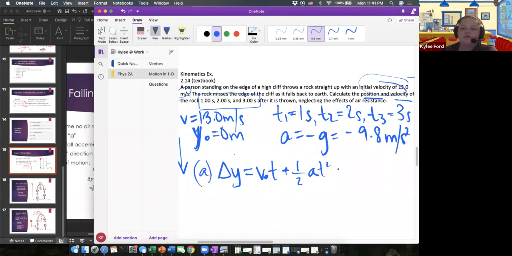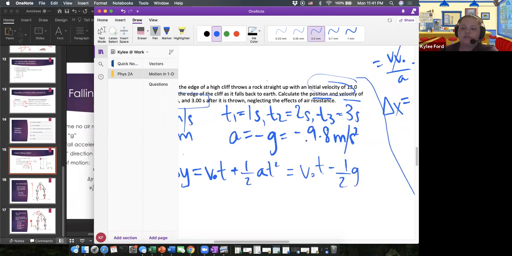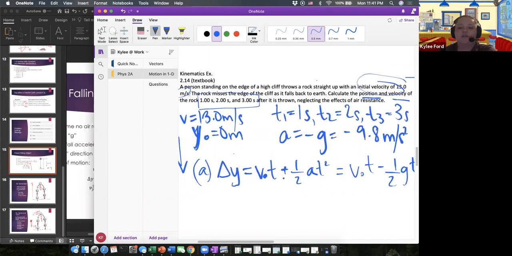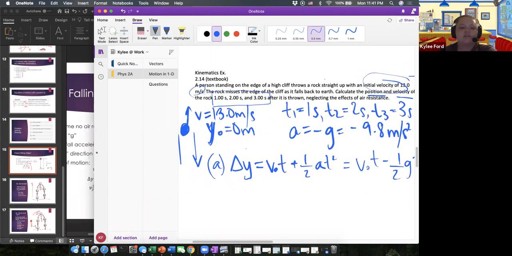If we plug in our minus g, it would be v naught t minus 1/2 g t squared. That's the first equation that we want to use when we're looking at our positions.